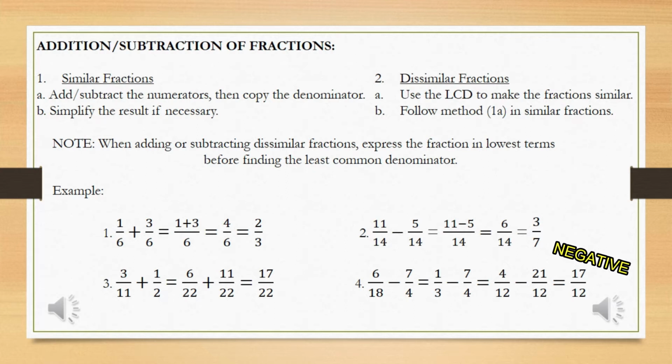And the next fraction, 22 divided by 2, is equal to 11 times the numerator, which is 1. So 11 times 1 is equal to 11. That's how you will get their new similar fractions.